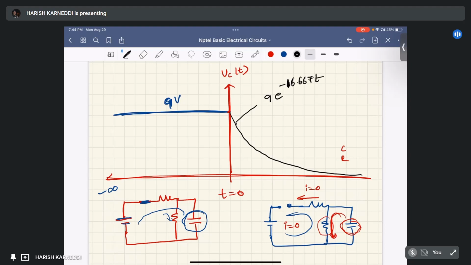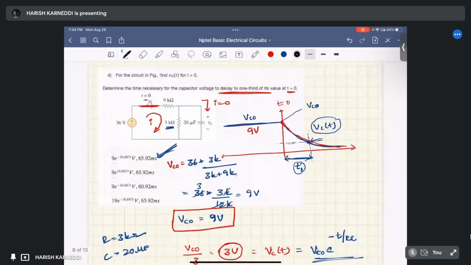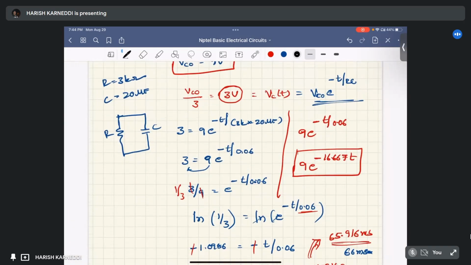This is 9 volts. What is the one third voltage? This is 3 volts. To reach 3 volts, what is the time period required? To identify this point, this voltage has to be equated to 3 volts.